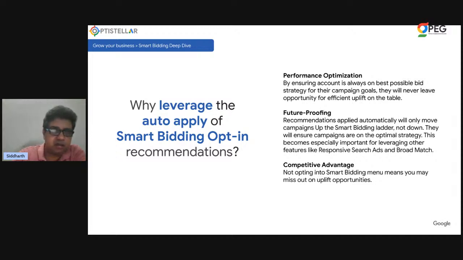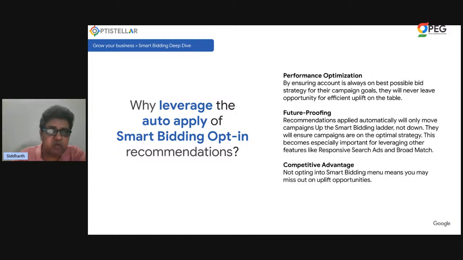Because for you to be able to move into a smart bidding recommendation, you would need some amount of data, some amount of conversions, for the artificial intelligence or the recommendations engine to understand, learn and perform, whether it is a TCPA or a TROAS. In terms of optimizing towards these two goals, it is important for the recommendations engine to have enough data, learn, and then provide you with these recommendations. So this is where smart bidding recommendations help you.